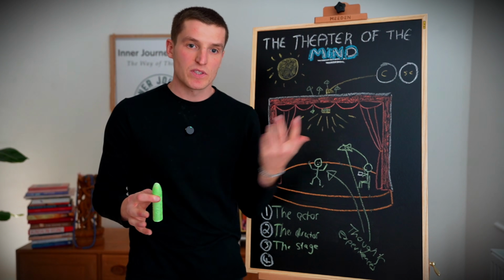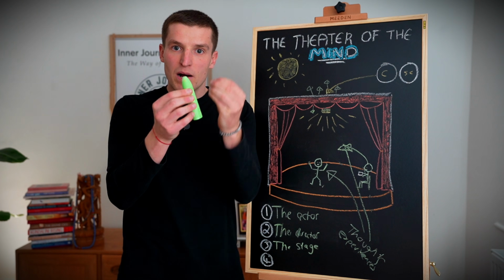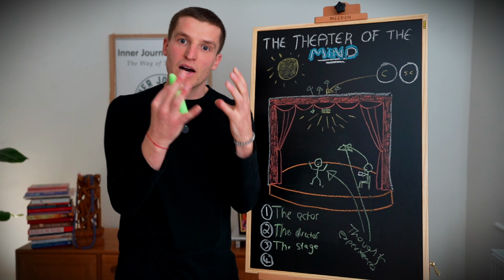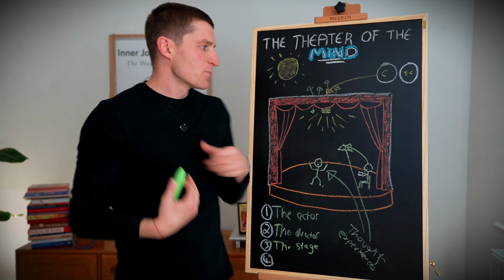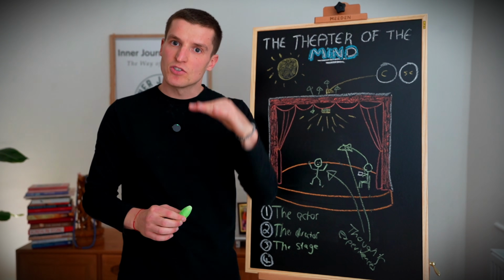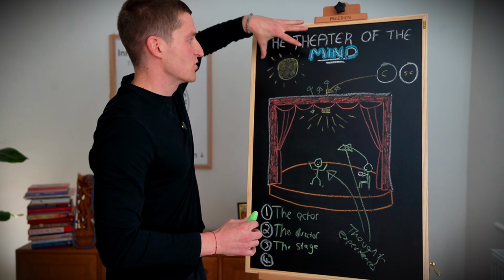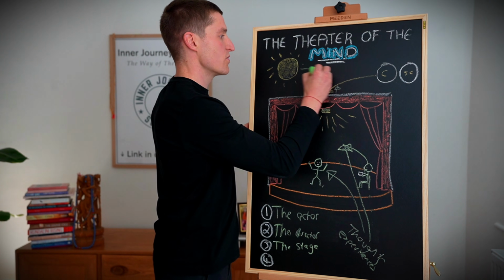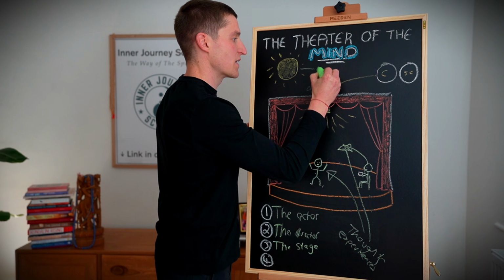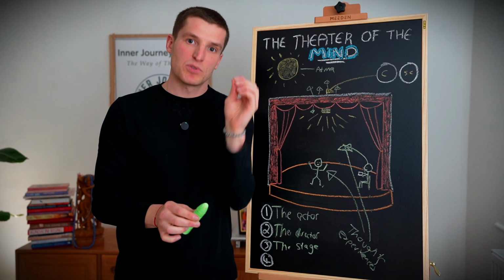Now you might be wondering with this, well, okay, that's the mind, all these varying different parts come together to make up the mind, but who are we? Well, most people will stop and say, well, I'm the consciousness, I'm the part that's aware of it. But in actual fact, we are much further beyond that. We're what I would call the Atma, or the divine spark, which is the essence and the root of absolutely everything.